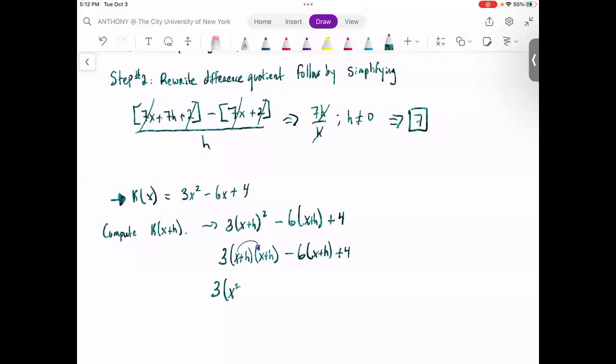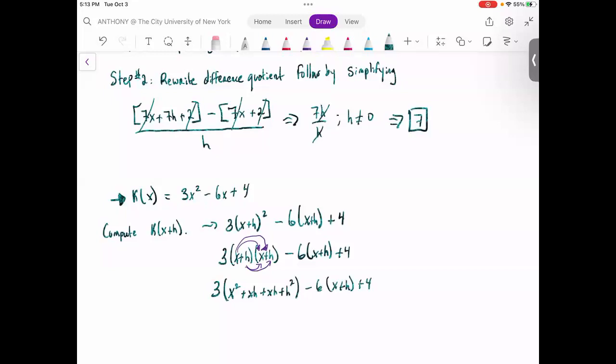Then we do x times h, which is xh. Then we do h times x, but h times x is the same thing as x times h. And then you do h times h, which is h squared, minus 6 times x plus h plus 4.